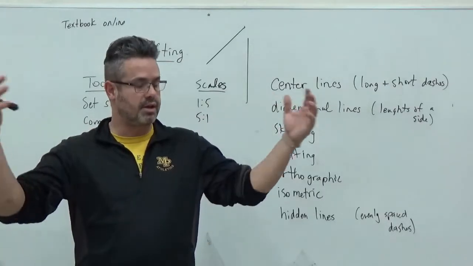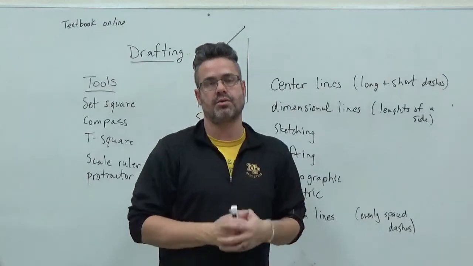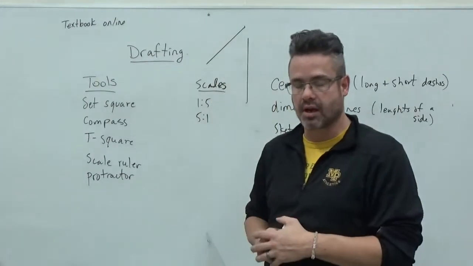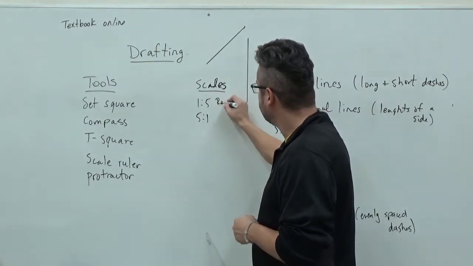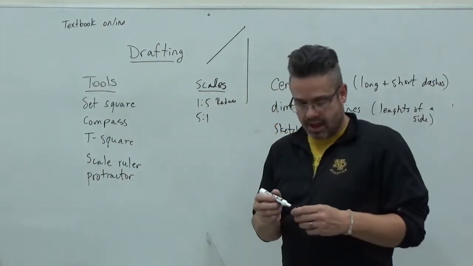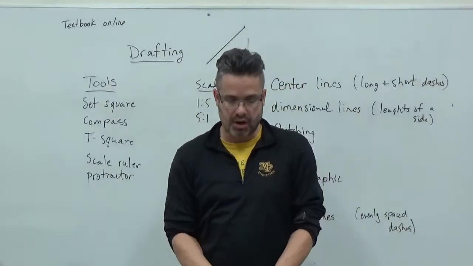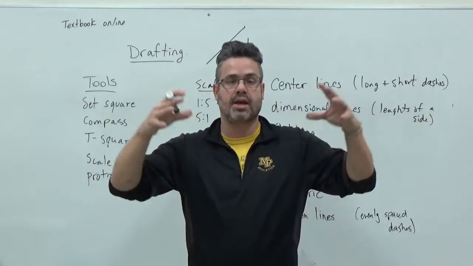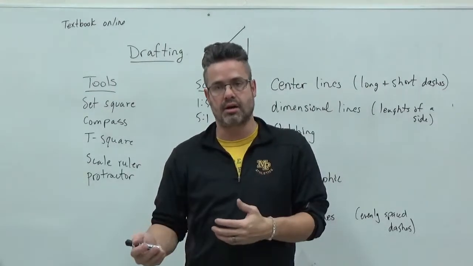It's taken something in real life and reduced it down to a smaller size to get it onto a piece of paper. A reduced scale would start with the number 1. An enlarged scale is for something that is smaller, that's hard to see, but you need to make it larger so that you can put it on a piece of paper to show or diagram it.